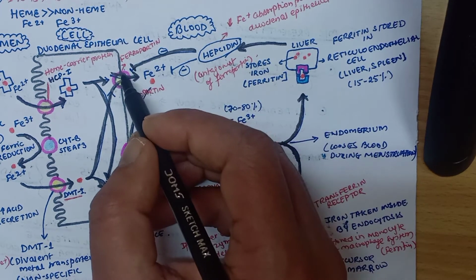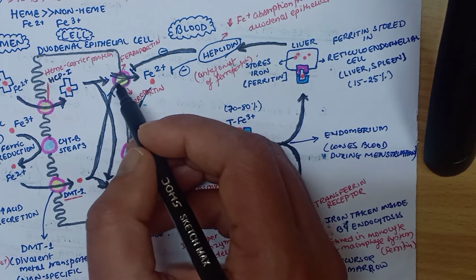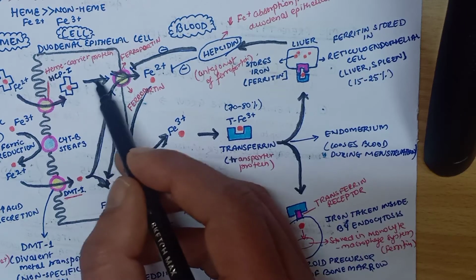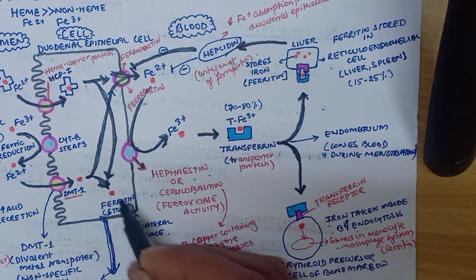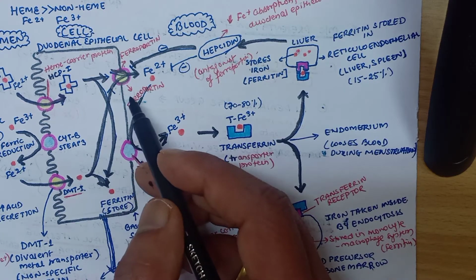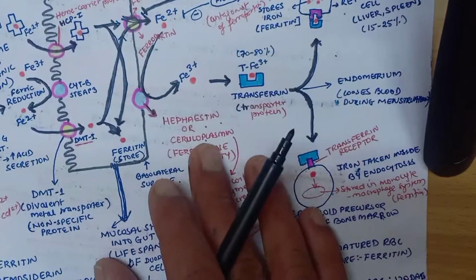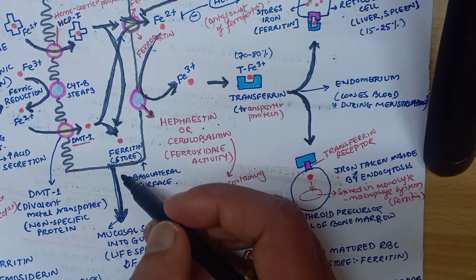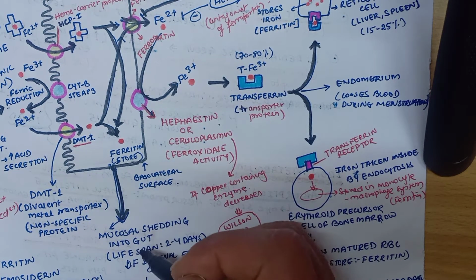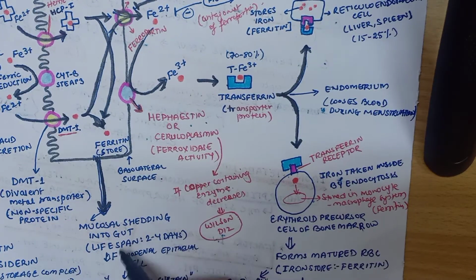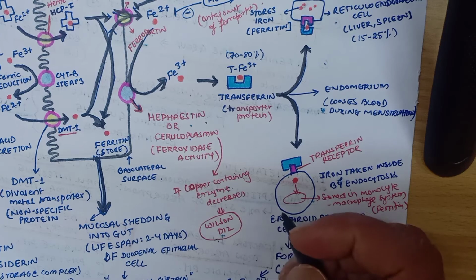This will result in internalization and degradation, effectively shunting the cellular iron into ferritin store and preventing its absorption into the blood. It also potentiates the excretion of iron through sloughing of enterocytes. So there will be mucosal shedding into the gut and finally into the feces out of the body.